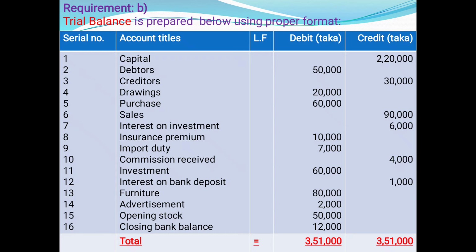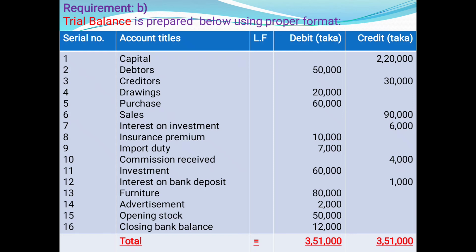From the stem we can get totally 16 balances. 2 balances not included in trial balance, so totally 16 balances have to be posted in trial balance. Number 1, capital. Capital is credit for taka 2,20,000 in trial balance.